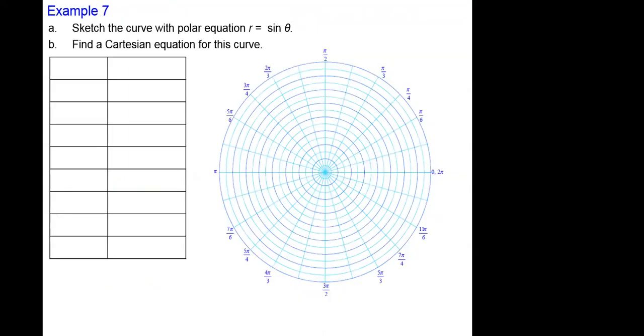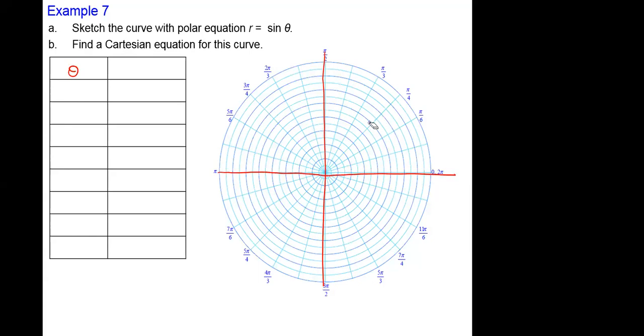Okay, now I have a similar one, but sine theta. Okay, and what do you think? I can tell you that it's also a circle. It's the circle, but in which quadrant will I plot the points? Who can tell me this for the sine? Okay. I can do the same thing.